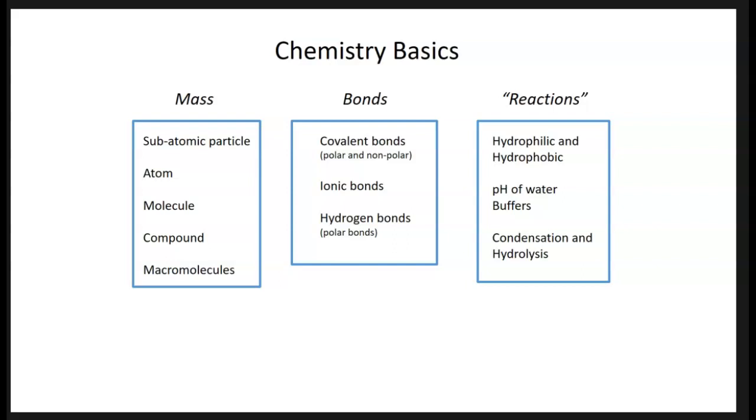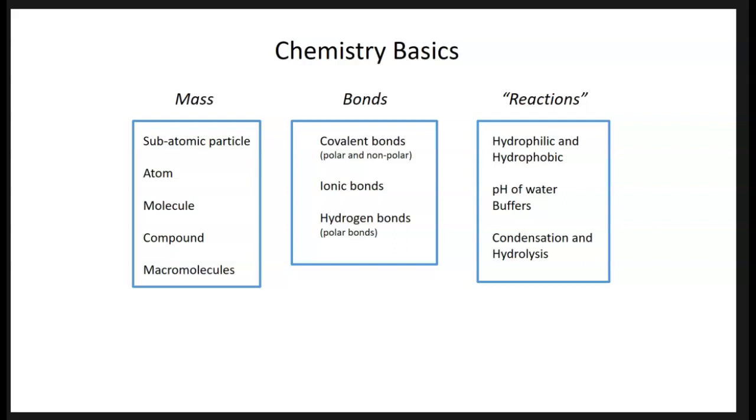Some elements of mass include subatomic particles that make up atoms. And atoms come together to make up molecules. So molecules are collections of atoms that are bonded together. Molecules can interact with each other to form compounds. And also macromolecules, which are large molecules that are composed of distinct individual molecular components.